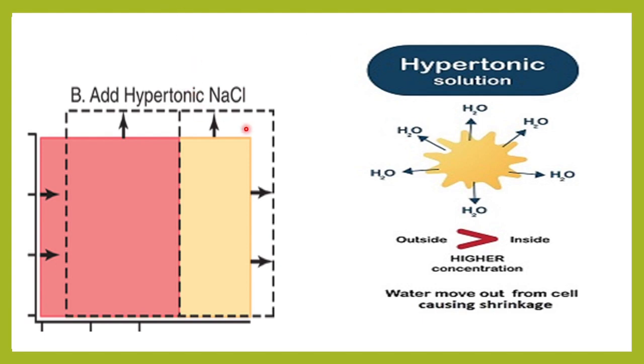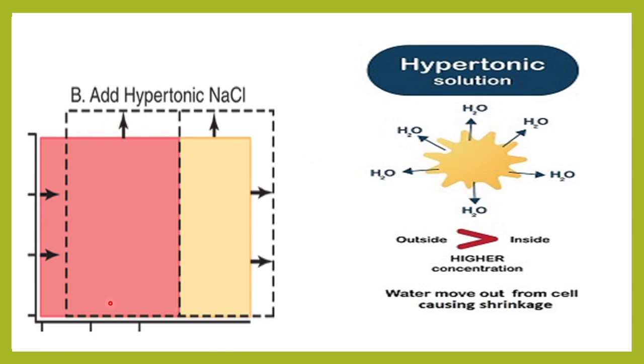When you add a hypertonic sodium chloride, you are adding fluid, definitely there will be an expansion of the extracellular fluid. But what happens? The concentration of solute in the extracellular space is more. So sodium becomes more outside. So whatever fluid is there in the intracellular compartment moves outside.